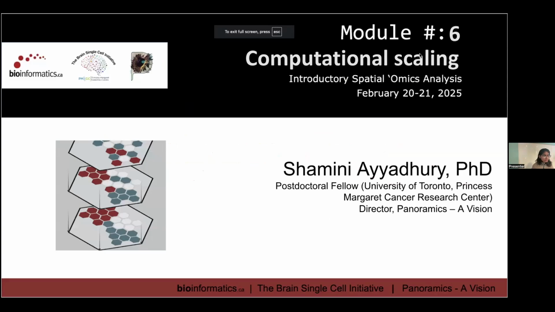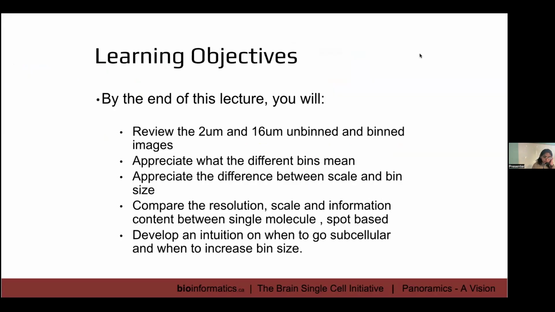You need to understand scale. And I'm sure many of you are asking the question, when do I use 2 micron, 8 micron, and 16 micron? There's always this thing everywhere you go. The first thing is you hear it's a 2 micron resolution. But if you notice, all the data sets that are being shown is at 16 micron, right?